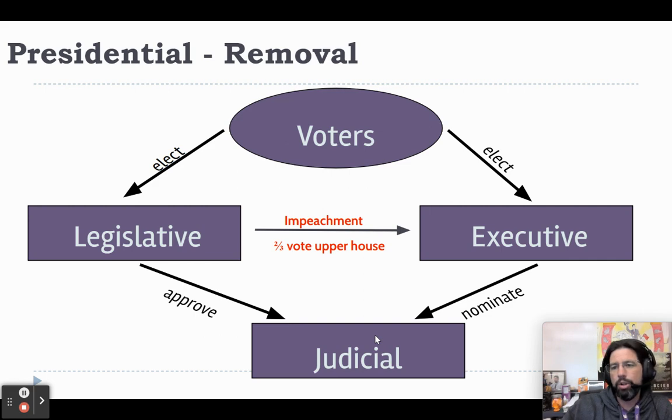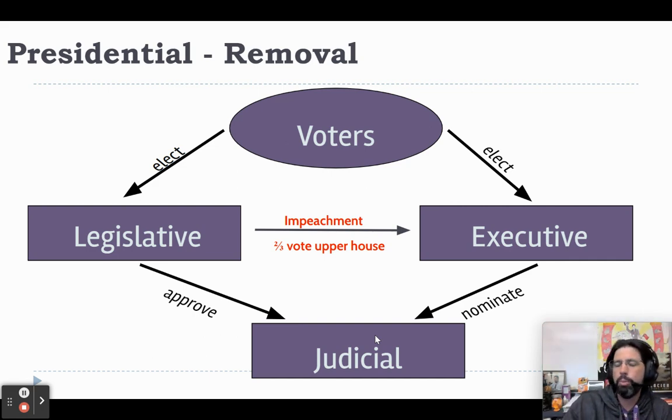And the process starts usually where articles of impeachment are written up by your lower house. They get passed by a simple majority. But officially, that doesn't mean that the president is removed until you get two-thirds of a vote in the upper house of your legislative branch.